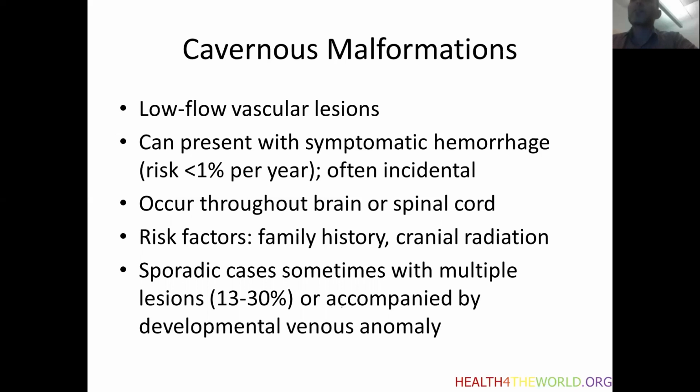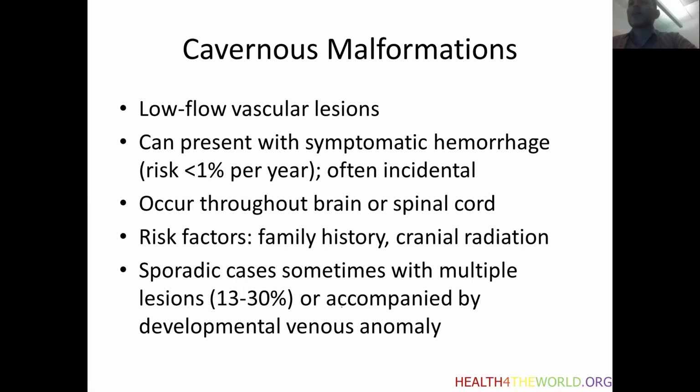Oftentimes, however, they're discovered incidentally if a child obtains an MRI or a CT for some other reason. They can occur throughout the brain or the spinal cord, and oftentimes have a genetic risk factor. So there are several genes that are associated with hereditary cavernous malformations. They can also occur after exposure to cranial radiation.